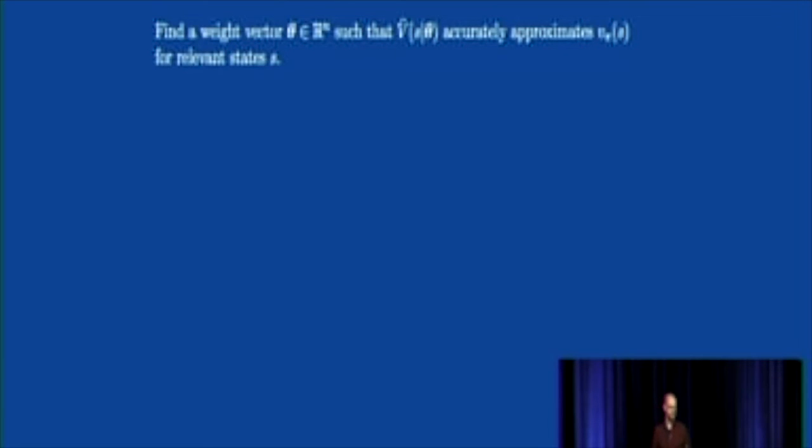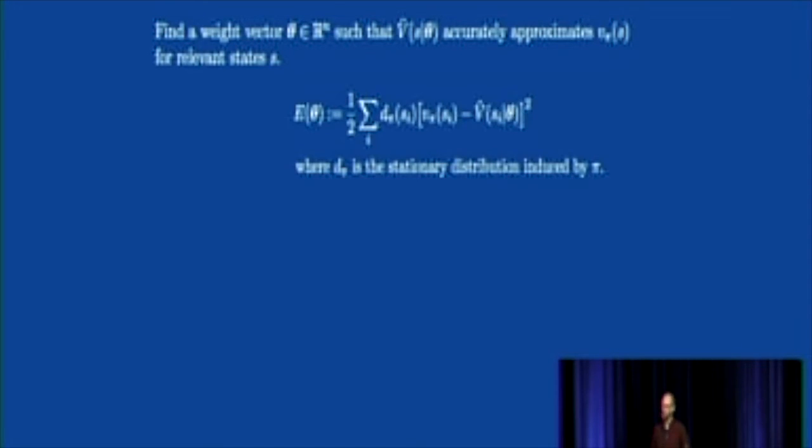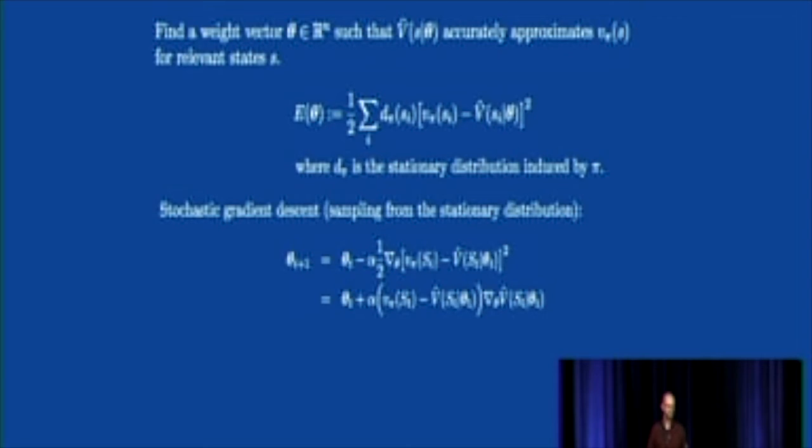So our problem is basically to find a weight vector theta such that phi hat, your approximation, accurately approximates phi pi for relevant states. So we can define an error function as a squared error over the stationary distribution, and then we can use standard stochastic gradient descent, giving us the following update rule.